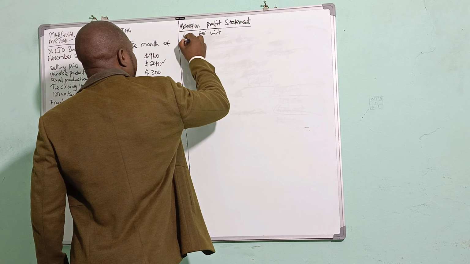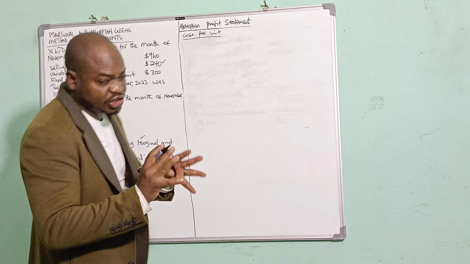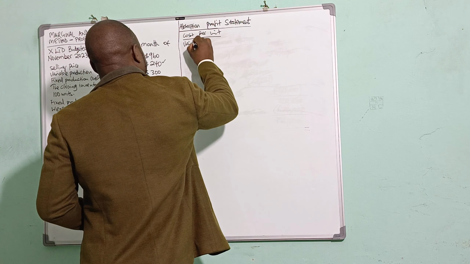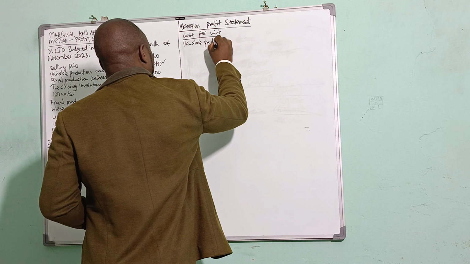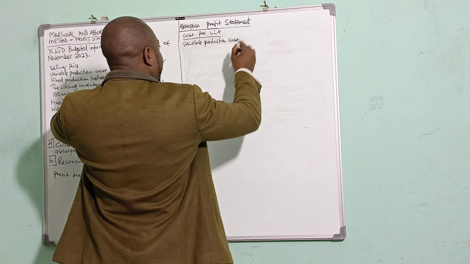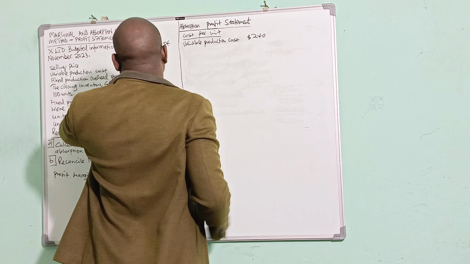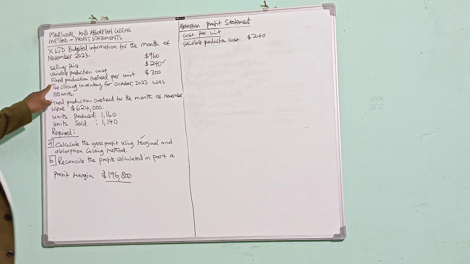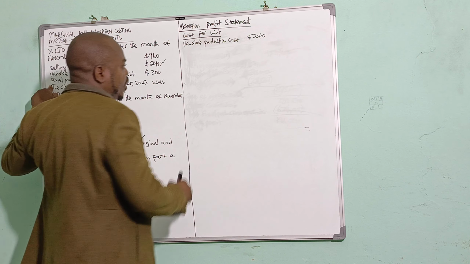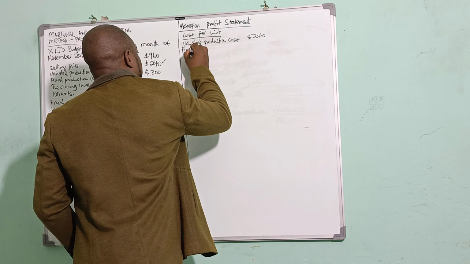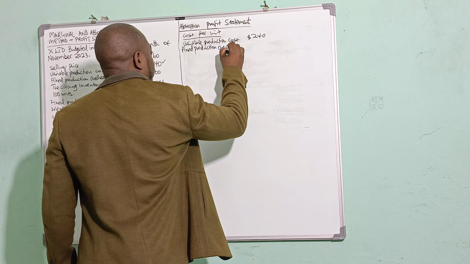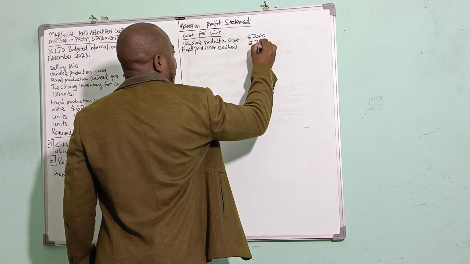Remember, this one takes both the variable production cost and fixed production cost. So I have variable production cost, $240, and then I have the fixed production overhead cost per unit, which is $300.